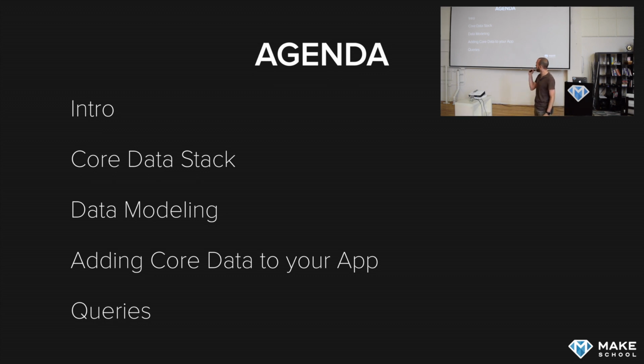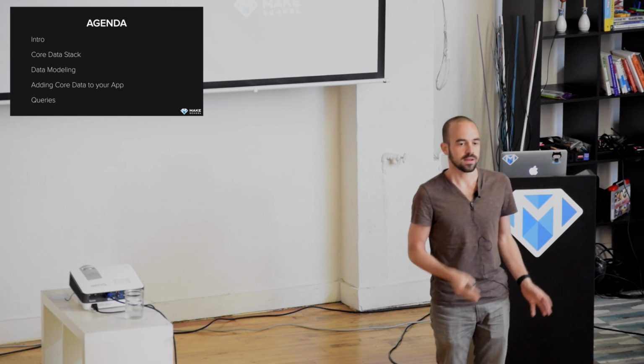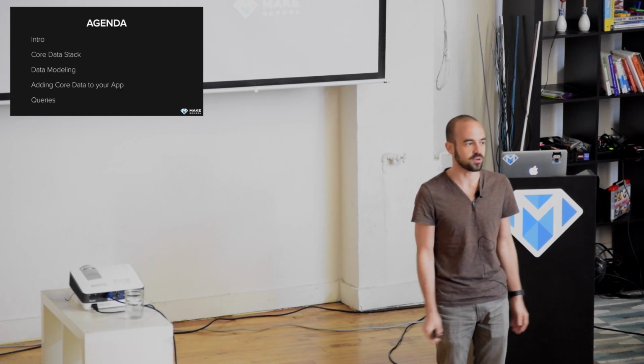Then we're also going to talk about how you can add core data, the framework, to one of your iOS apps, either a new app or an existing one, because there are some issues that I have with the way that Xcode sets up the default project. So we're going to talk about that. And lastly, we're also going to talk about queries, which is one of the main features of core data that allow you to extract certain information from your database.